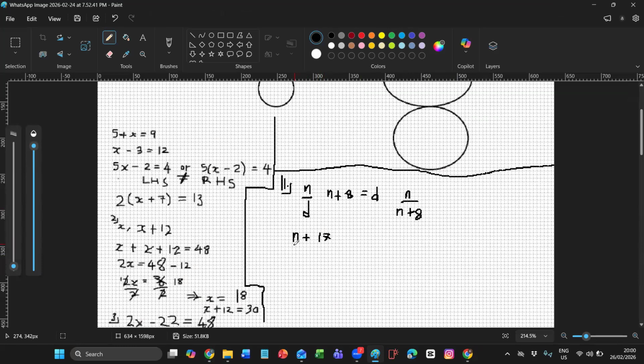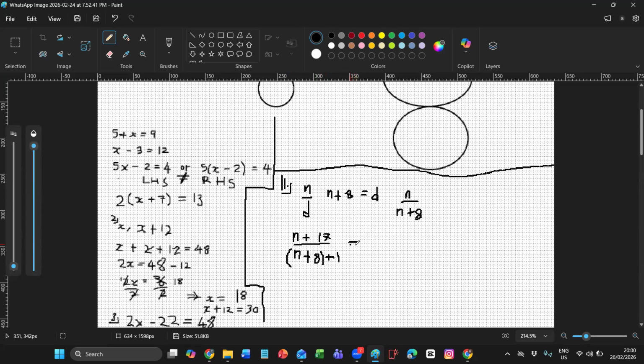And then the denominator is increased by 1. So that's going to be n plus 8 plus 1, right? Which will become n plus 9. But let me write it first like this. So we know that we came from somewhere and we're going to somewhere, plus 1.